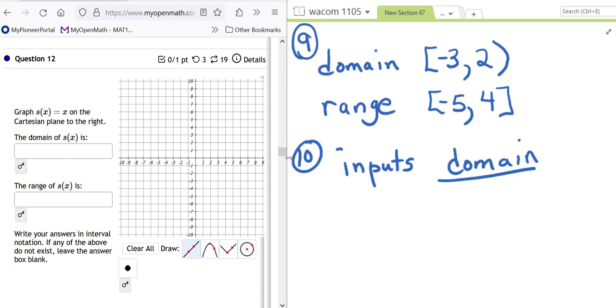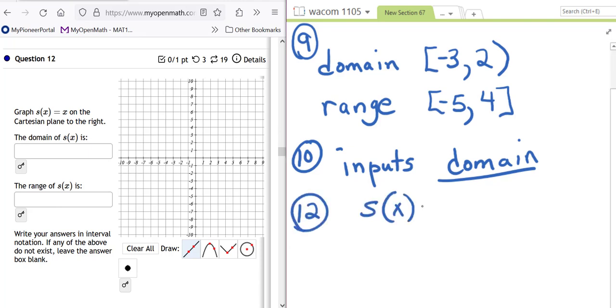Tricky thing on this, what they want you to graph here, they are telling you S of X equals X, and you're trying to figure it out. Remember, when you're doing a function of something, F of X or S of X or H of X, this is Y. Y equals X is what you want to graph. And this is a special line called the identity.